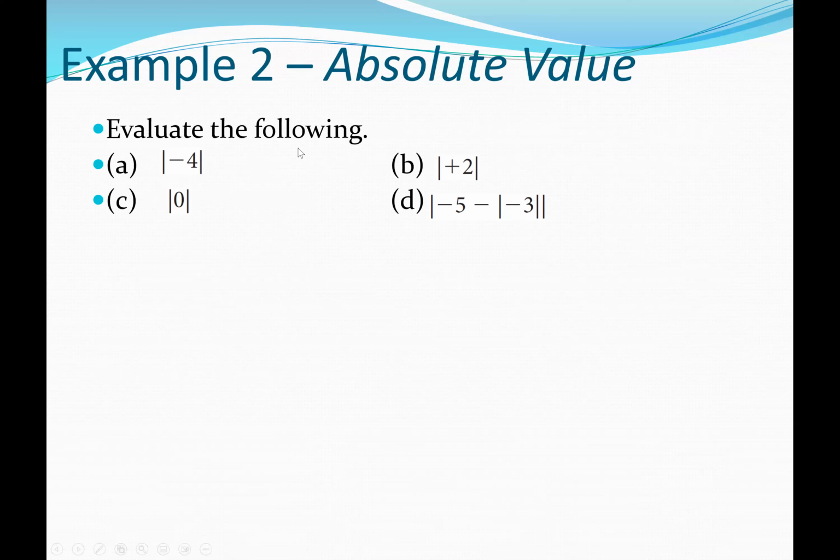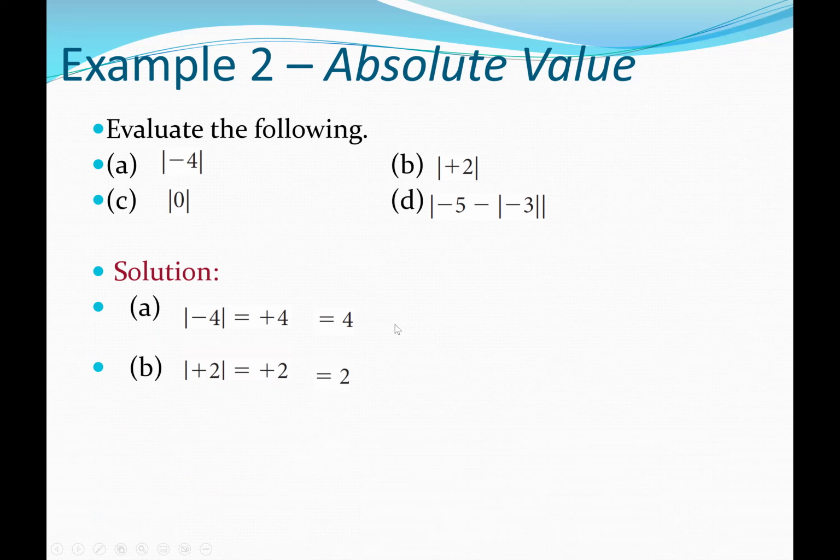So for example, we should evaluate the following. The absolute value of -4, the answer will be +4. The absolute value of +2, the answer will be +2. Then the absolute value of 0, the answer will be 0.